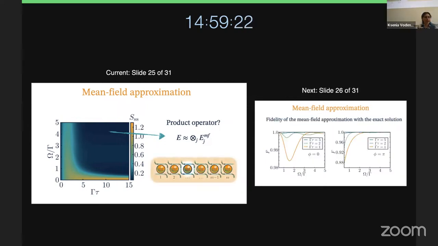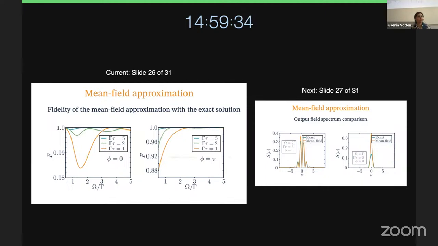So essentially, we just look at one atom at one replica in our cascaded chain and treat everything else as a field. And it turns out that, yes, in this regime, you can actually see that the fidelity of the mean field approximation with the exact solution is pretty good.